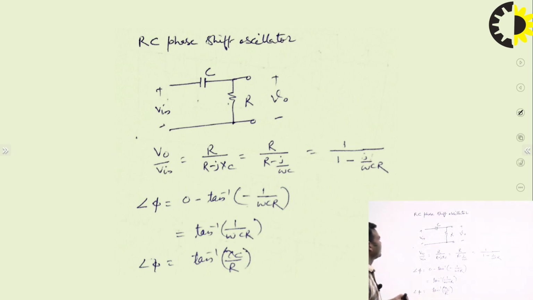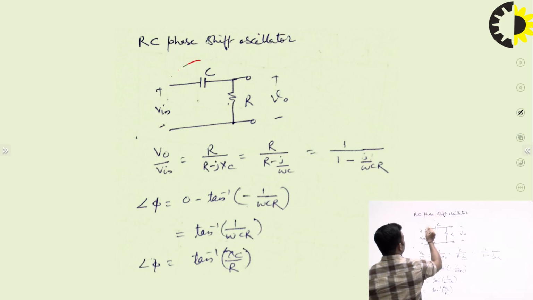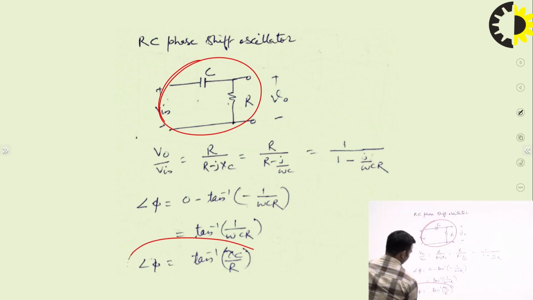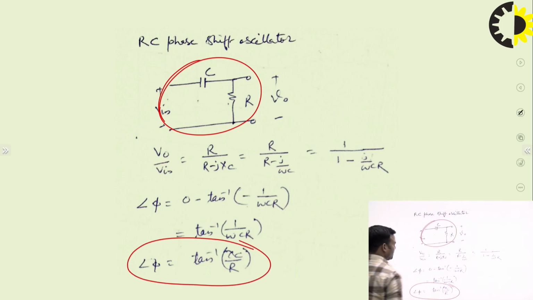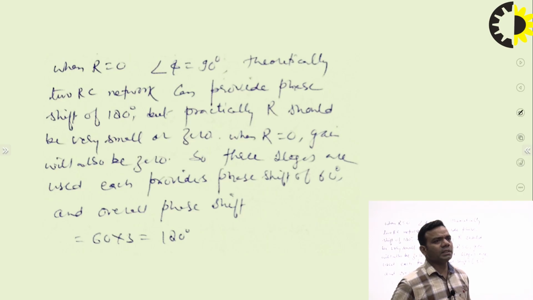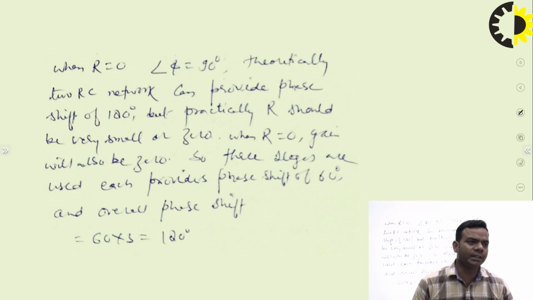If I consider one RC network, then V0 upon Vi can be obtained as this, and the phase shift provided will be tan inverse Xc upon R. Ideally, when R is equal to 0, we can get a phase shift of 180 degree. But practically, R will not be equal to 0, so we cannot get a phase shift of 180 degree.